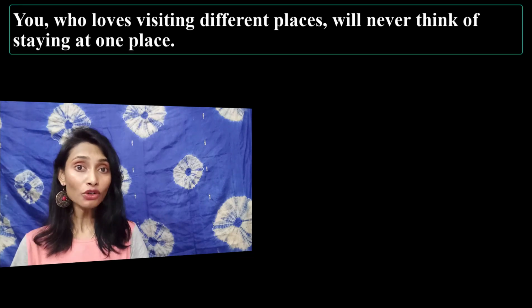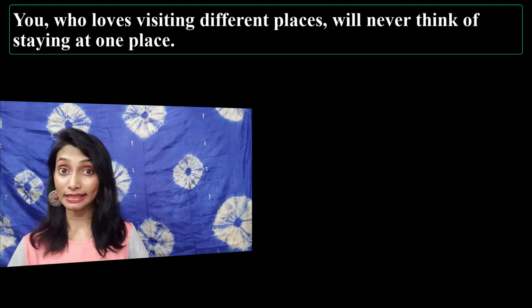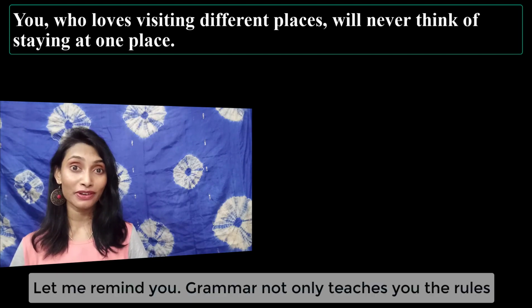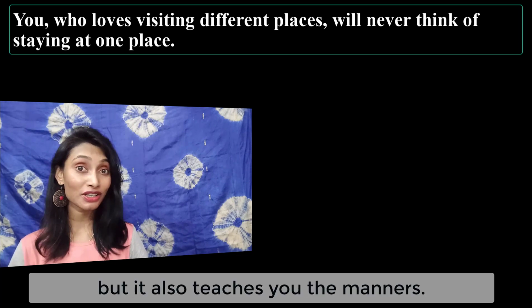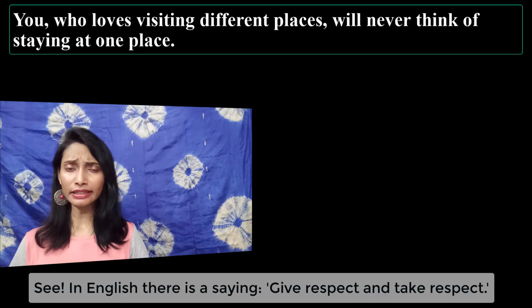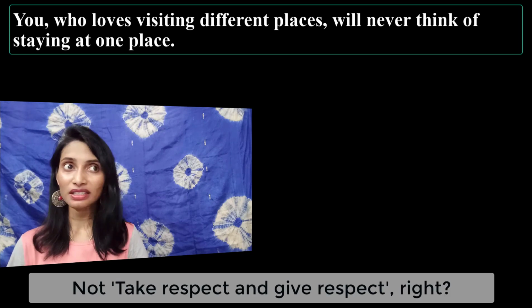You who loves visiting different places will never think of staying at one place. What is the error? Let me remind you. Grammar not only teaches you the rules, but it also teaches you the manners. See, in English there is a saying, give respect and take respect, not take respect and give respect, right?